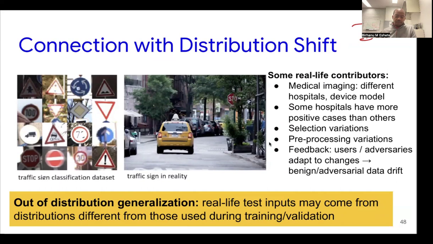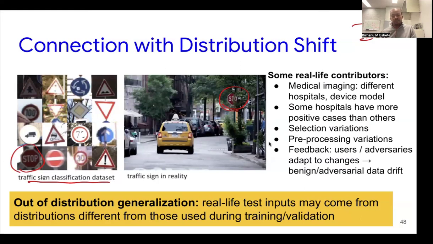So as you can see, we train the self-driving car on inputs like this, where the stop sign is very clean or clear. But when we deploy the self-driving car, the stop sign might be covered by, let's say, a tree, right? So we have to take into account this kind of real-life situation.